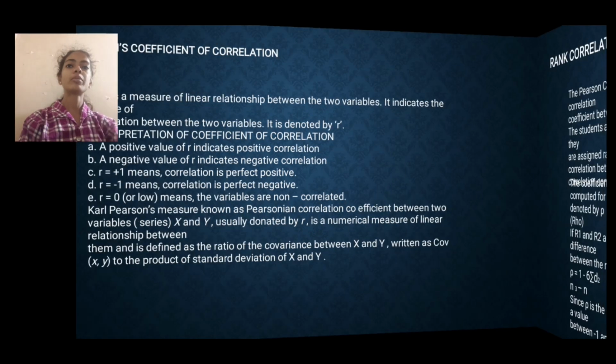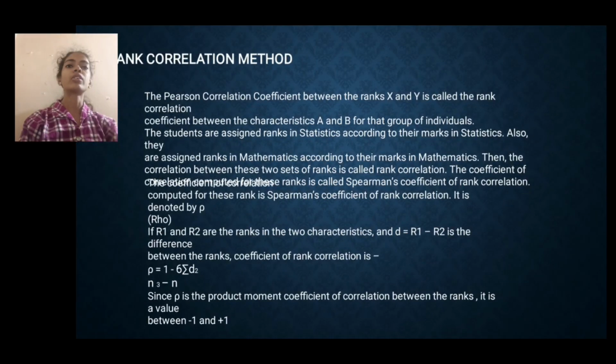Rank correlation method. Sometimes we come across statistical series in which the variables under consideration are not capable of quantitative measurement but can be arranged in a serial order. In such a situation, Karl Pearson's coefficient of correlation cannot be used.